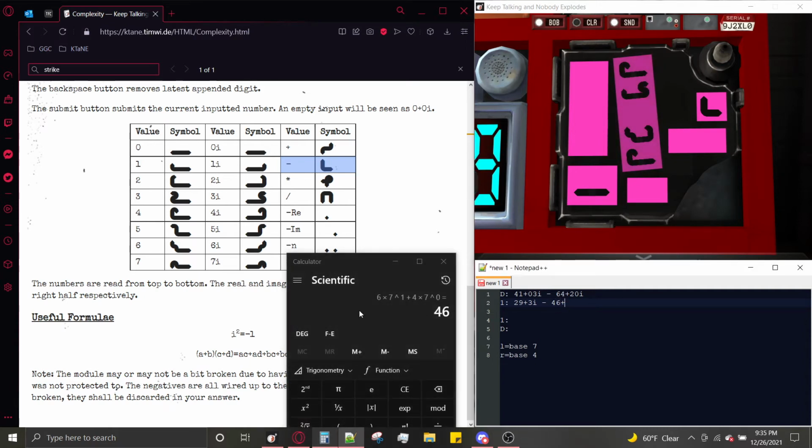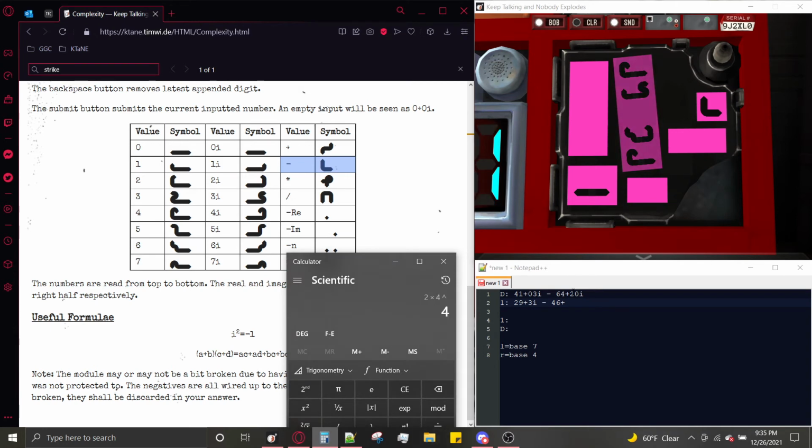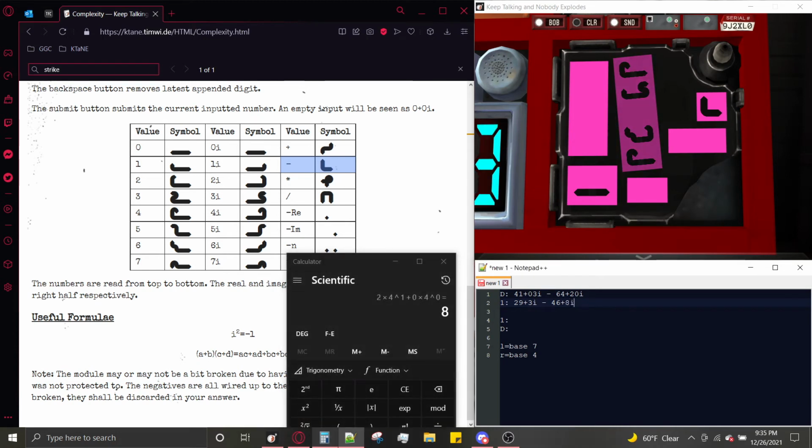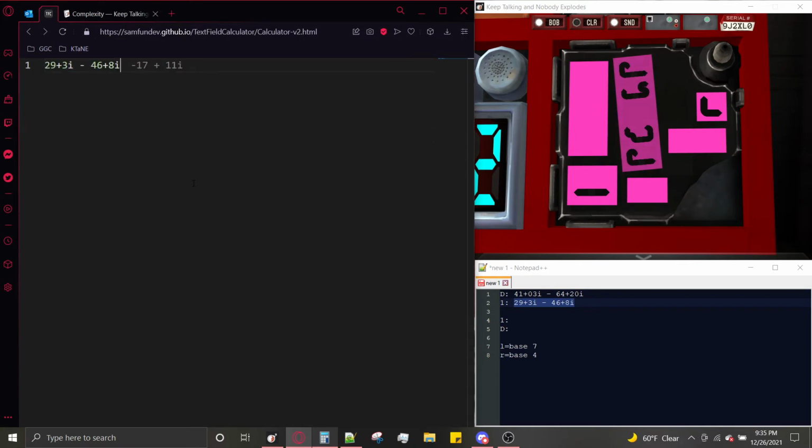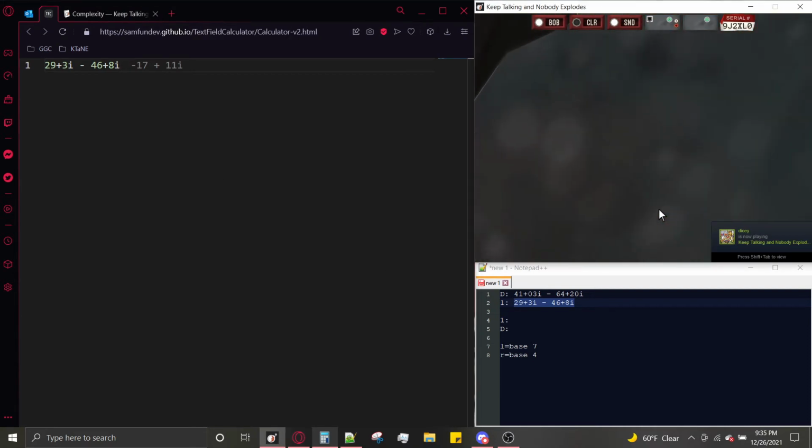And then plus 2 times 4 to the 1 plus 0 times 4 to the 0 is 8. And we stick an i on the right of it because it's the right side of our term. So now we can put it in the calculator to make sure that we have the right answer. Of course, we're going to remove the negative sign because we here in Complexity Land don't know what a negative sign is.